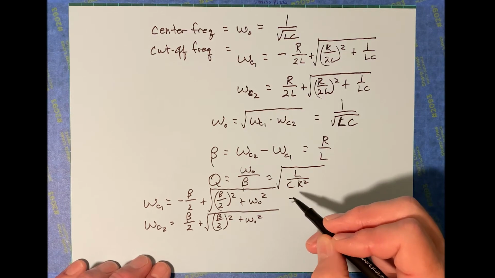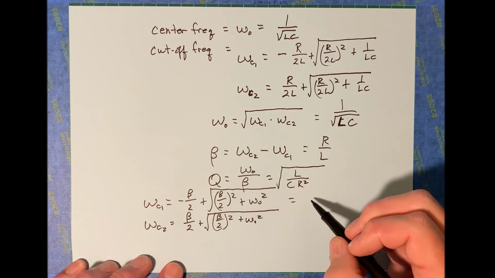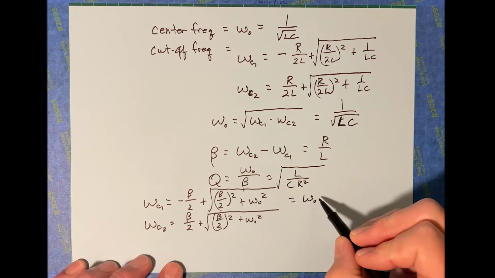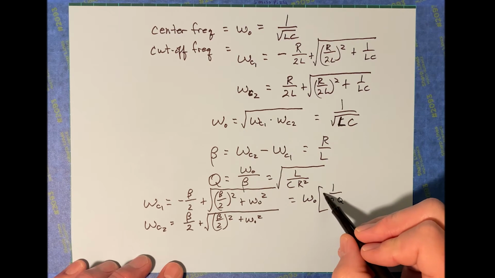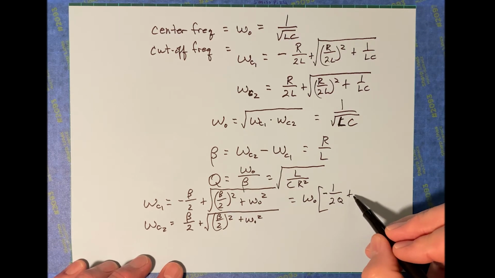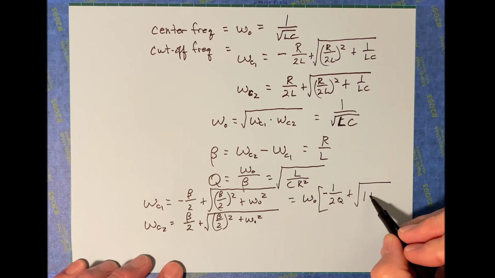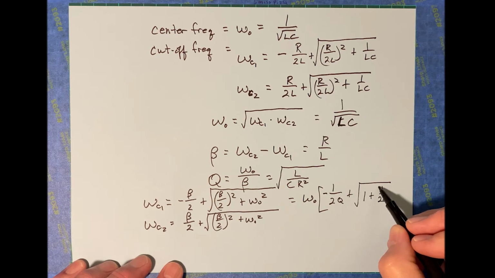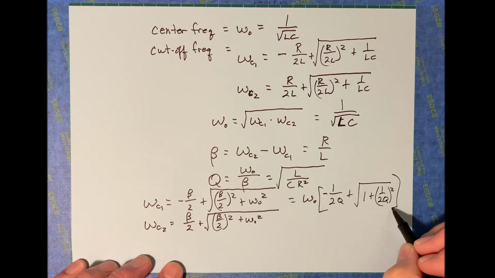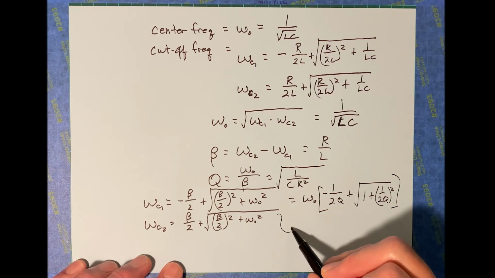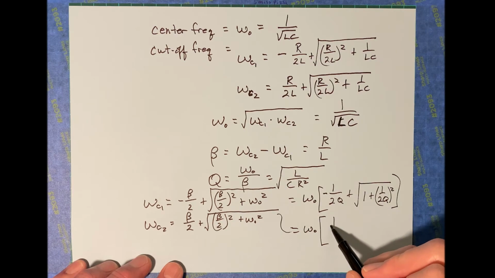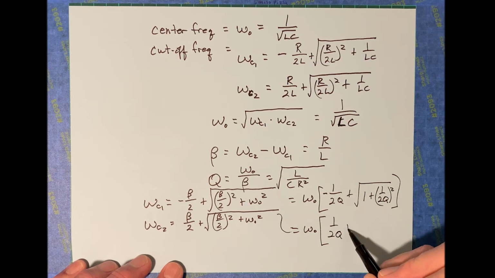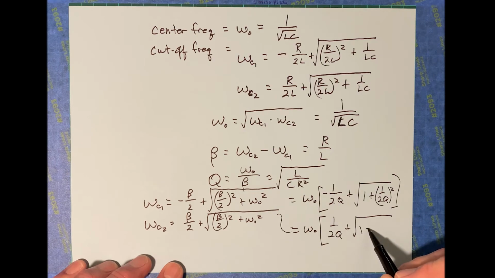You could also put those in terms of the Q value. When you do that, that's omega naught times 1 over 2Q. That's minus 1 over 2Q plus the square root of 1 plus 1 over 2Q squared. And then this one, omega naught times positive 1 over 2Q plus the same stuff under the radical.